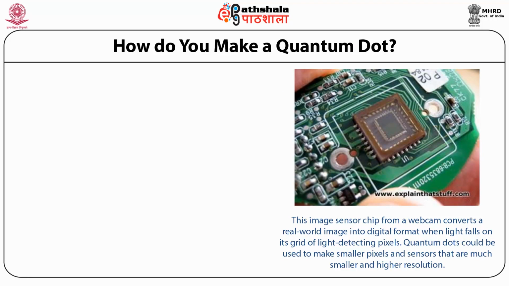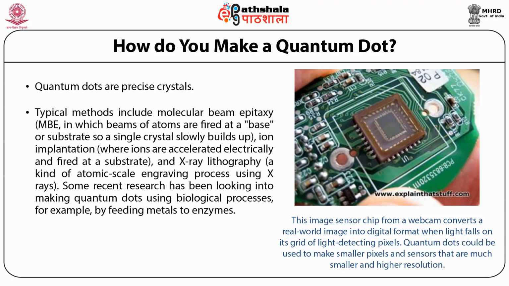Now comes the question, how do you make a quantum dot? So here comes the preparation of quantum dots. Quantum dots are nothing but small sized crystals. Therefore, they can also be produced similar to other crystals. The most popular techniques to produce quantum dots are molecular beam epitaxy (MBE), wherein a beam of atoms is bombarded onto a substrate and the single crystal gradually builds up.